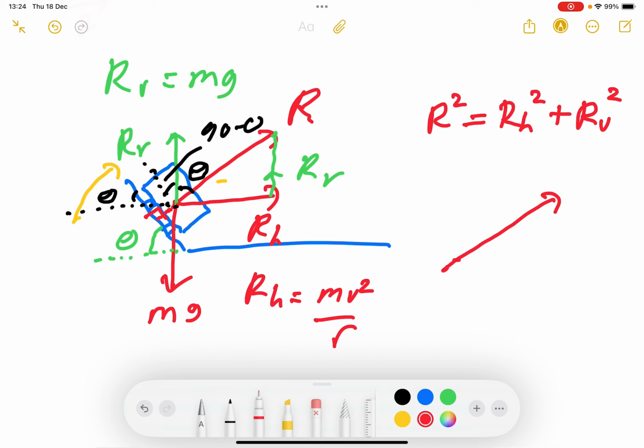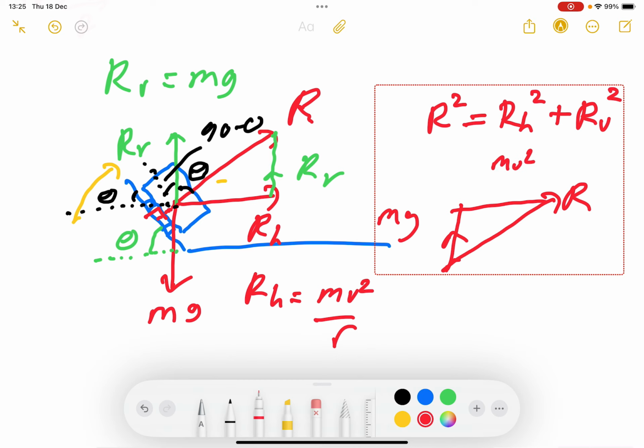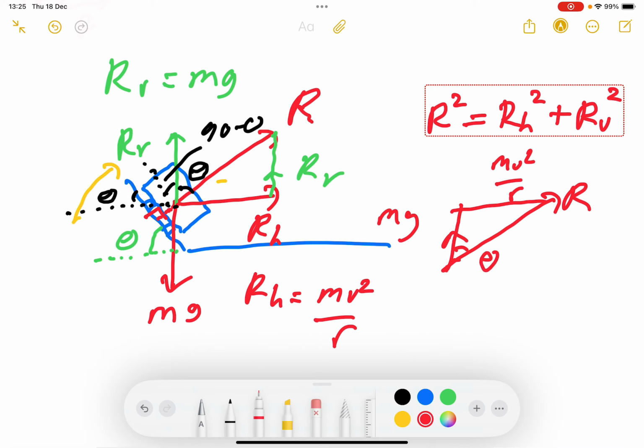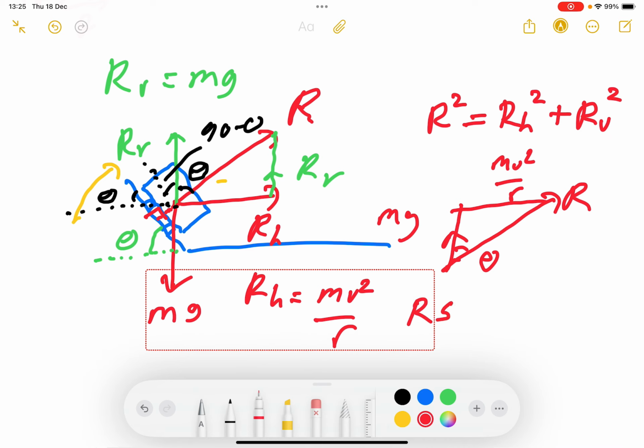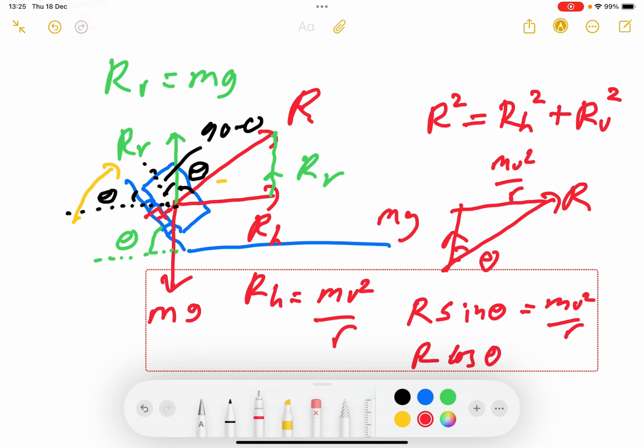I'm going to redraw it out here. Here's the total reaction force R. The vertical component is mg. The horizontal component is mv squared over r. So the hypotenuse is R. That's theta. Because it's the opposite angle, R sine theta is equal to mv squared over r, and R cos theta is equal to mg.